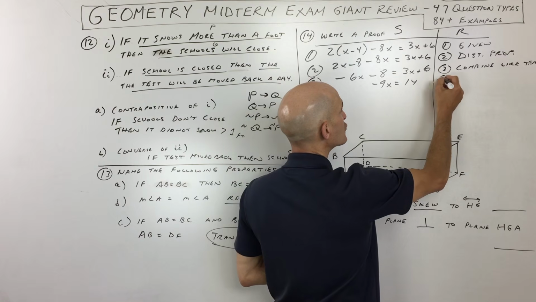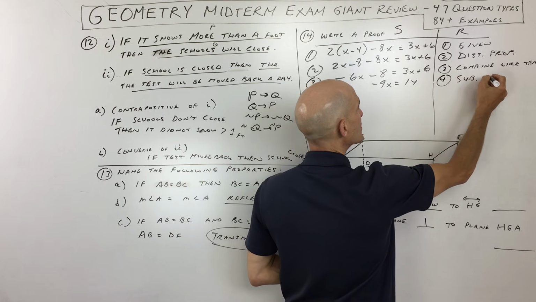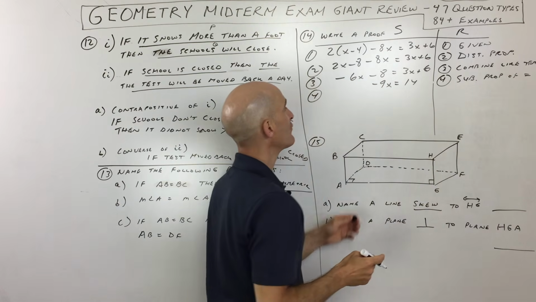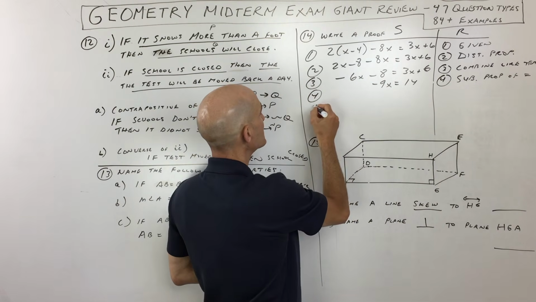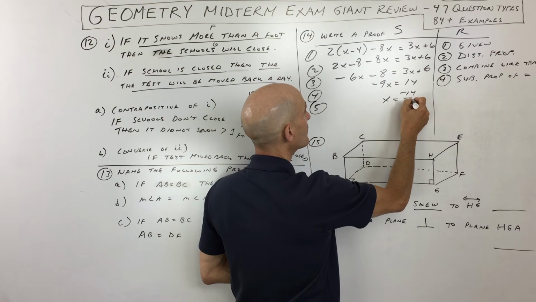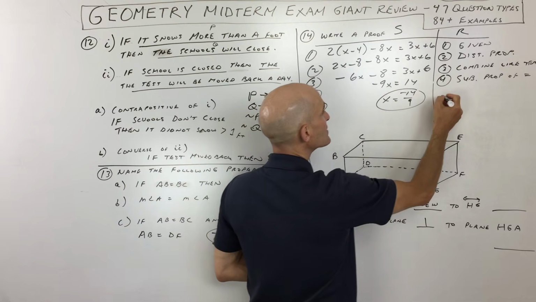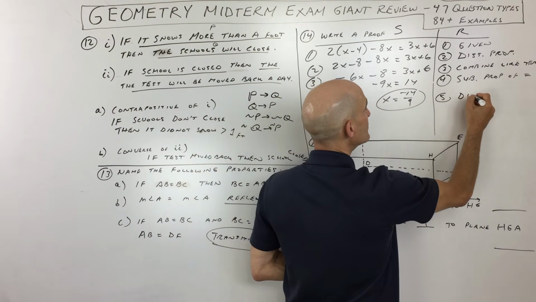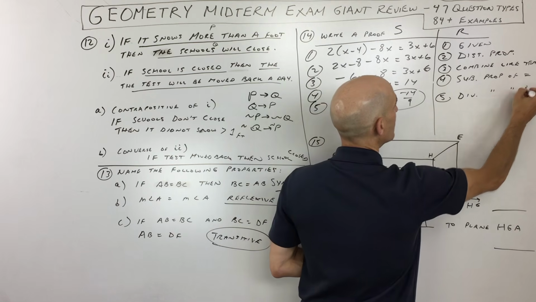In this case, it's the subtraction property of equality. So I'm just going to write subtraction property of equality. I'm just abbreviating. Okay, then the last step is what? Okay, and we've got our answer, and you can see I divided both sides by -9, so that's called the division property of equality.